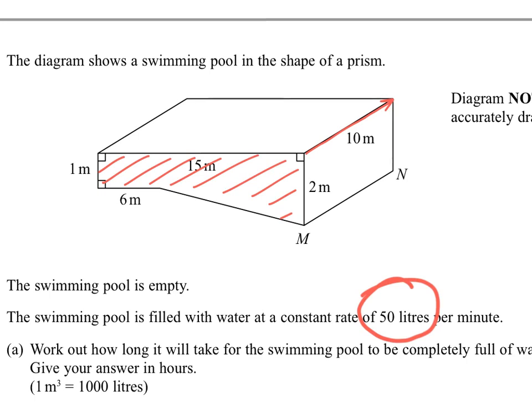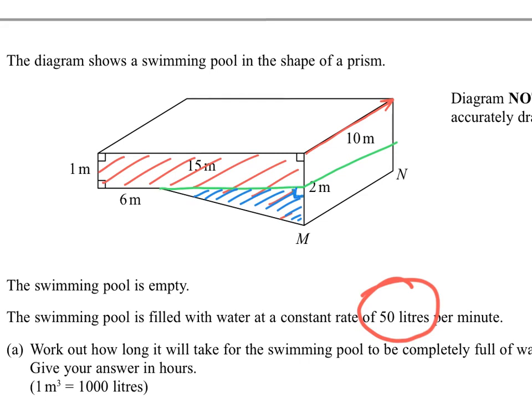I think it's worth noting that really we have this situation going on here. So we've got a triangular wedge, so a triangular prism here, which is right angled here.